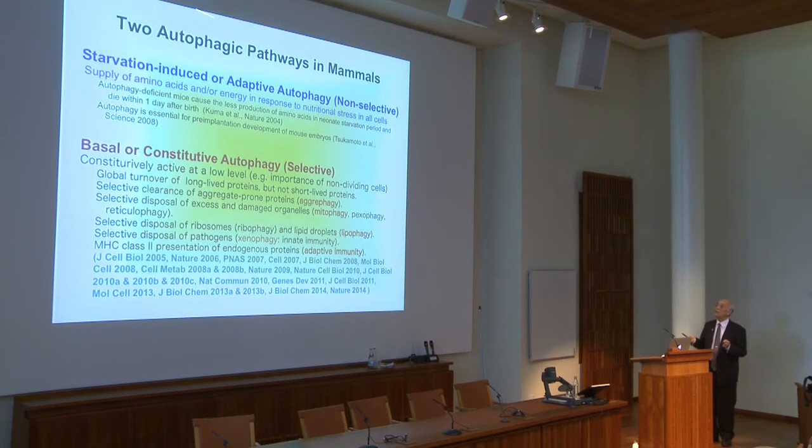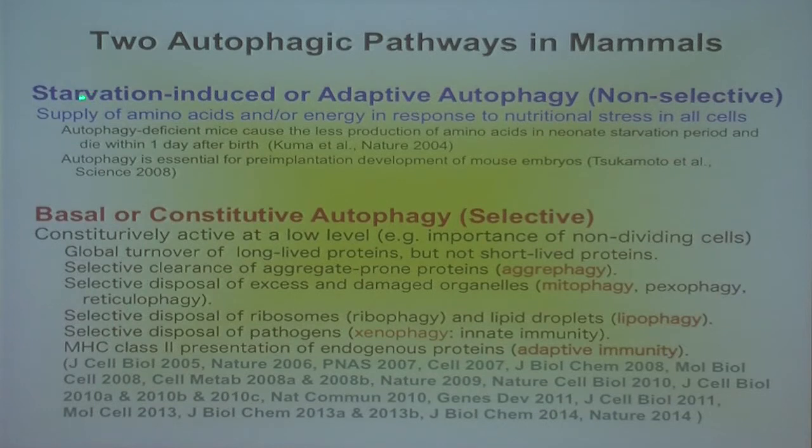So, for a long time people said autophagy is important for adaptation to starvation, but quite recently, constitutive autophagy, which means selective autophagy via ubiquitination, is important like this. We have published many papers on this.